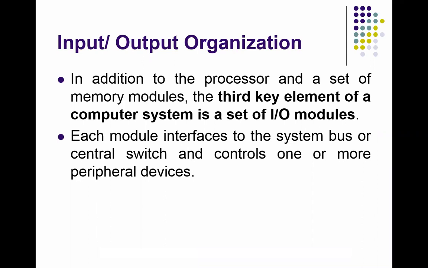So up to unit number 5, our discussion is related to the memory and the processor, right? But as we know, in the computer there's a third key element, the IO module. The third important module is the IO module.